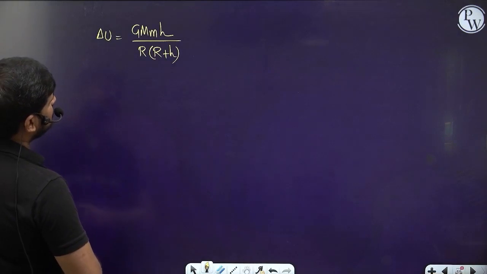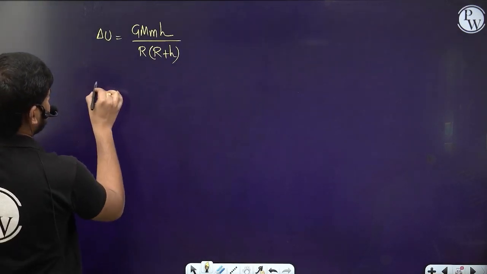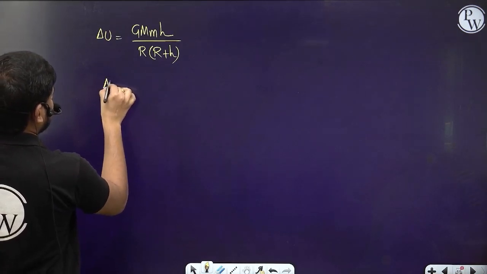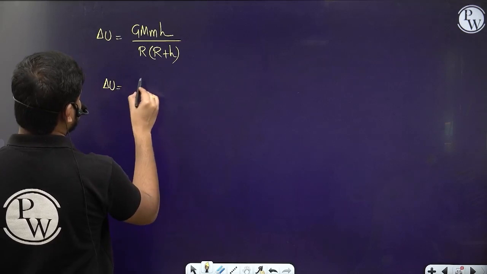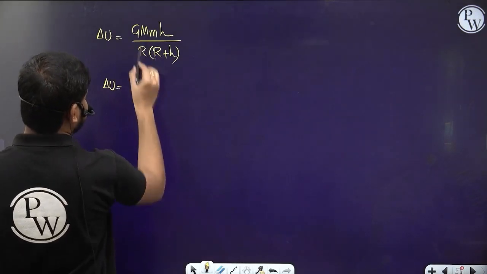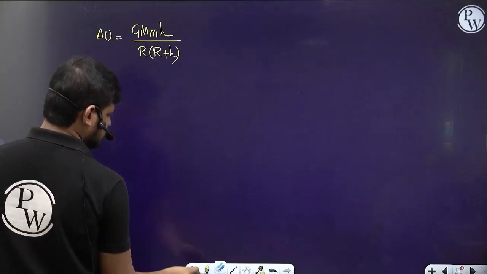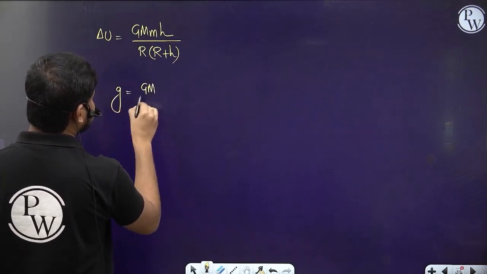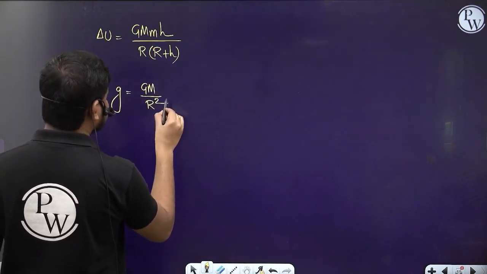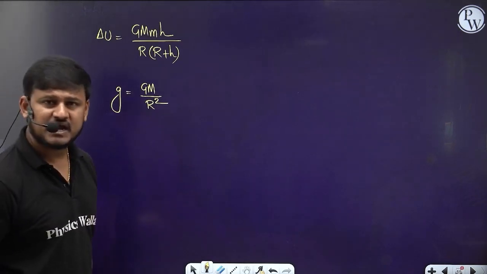So the small concept: in place of this G you can write this one. We know that the small g is equal to GM by r square.